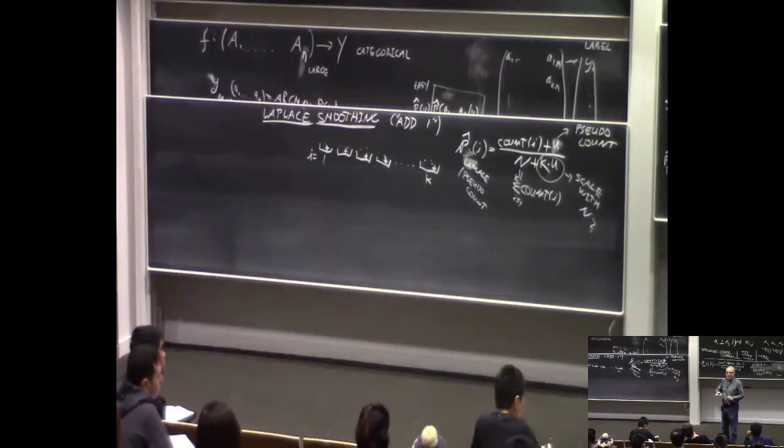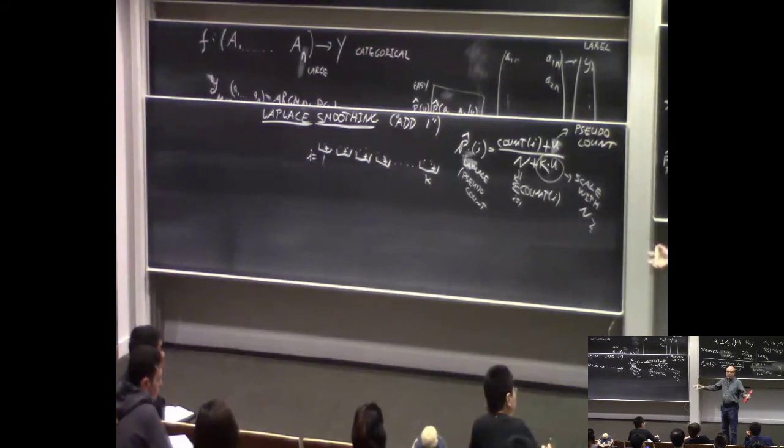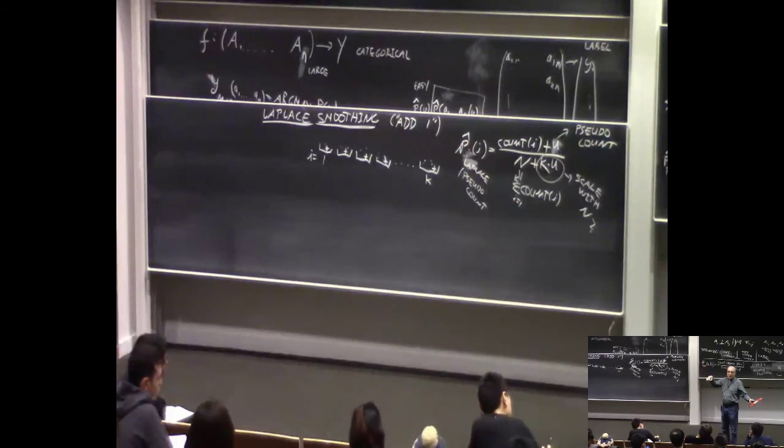So imagine that you put the pseudo-counts in first before the real data comes in. You put the pseudo-counts in, one in each bucket, you get a uniform distribution. Now the data starts arriving, and it starts changing the distribution away from uniform. So you can think about it as a starting point. It's a starting point for your distribution, and the starting point does not have to be uniform.